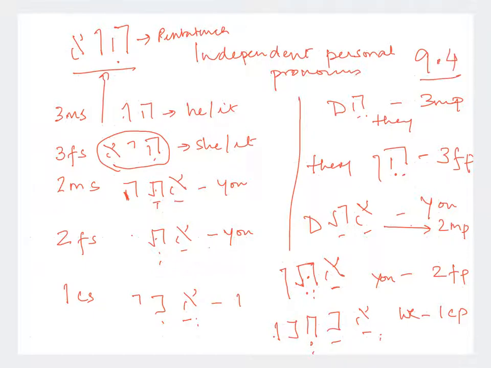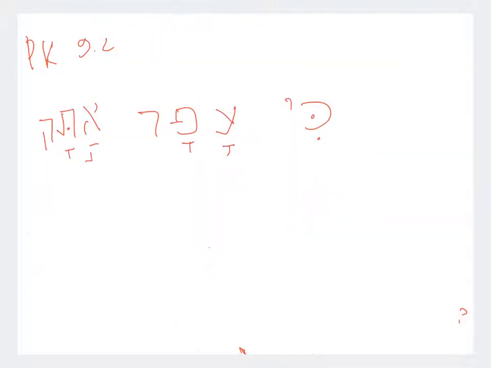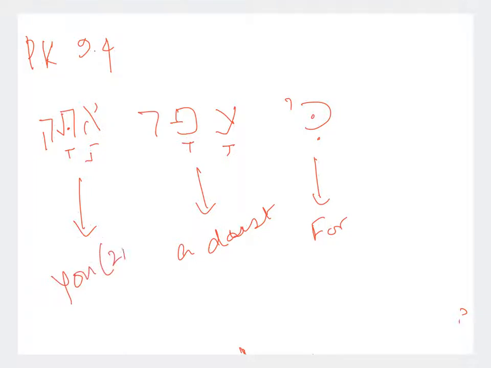Maybe I'll just give you one example. On your screen, I've taken this example from 9.4 of Page Kelly. It says ki afar atta. If I literally translate it, it is for dust, and this is the independent personal pronoun, which is atta, you, the 2MS form.